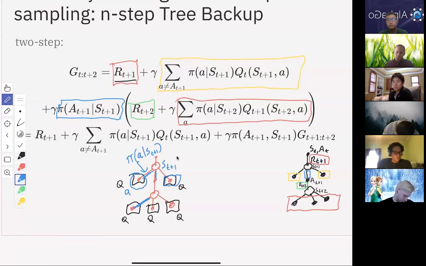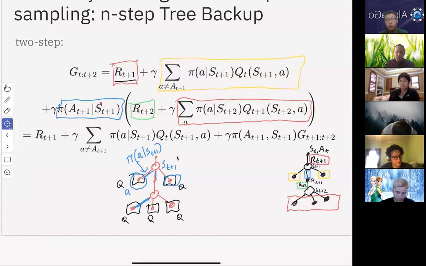So basically, we have this pi times this pi: pi of A_{t+1} given S_{t+1} times pi of A given S_{t+2}. So this is the two-step.